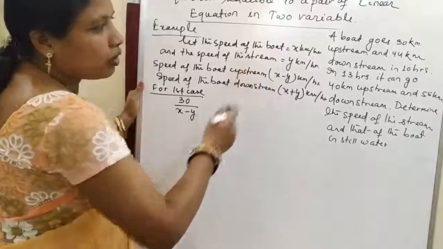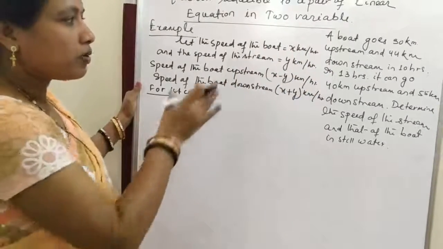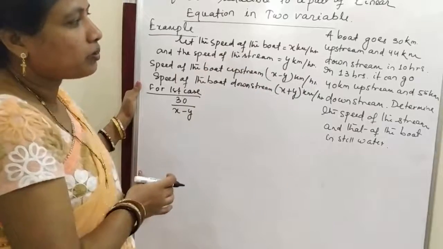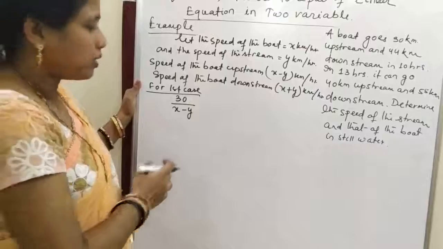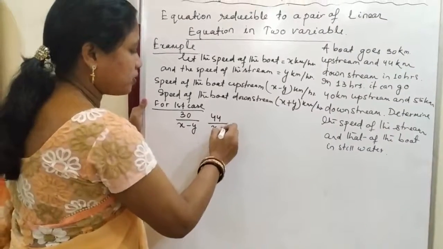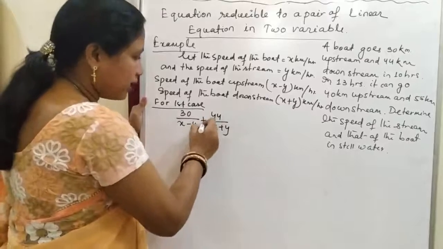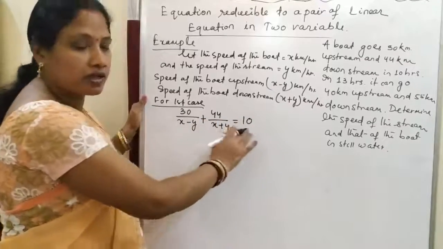Then for 44 km downstream, distance is 44 km and speed is x plus y km per hour. So time is 44 by x plus y. The total time is given as 10 hours. So this is our first equation.